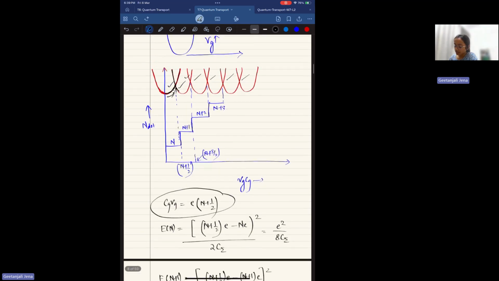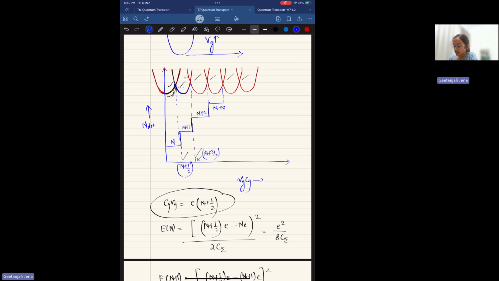For this point where these graphs touch each other, it's possible to see tunneling, so the charge carrier can tunnel to the conducting region. After we cross this touching point, the particle will stay in the En plus 1 state because this has the lowest energy.